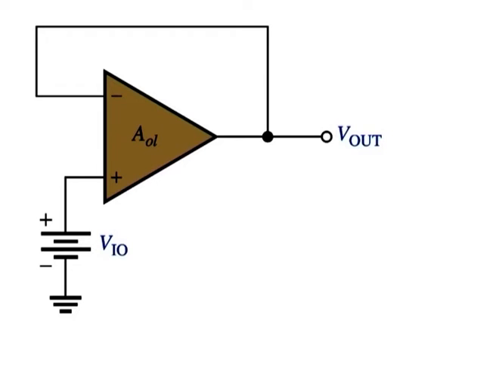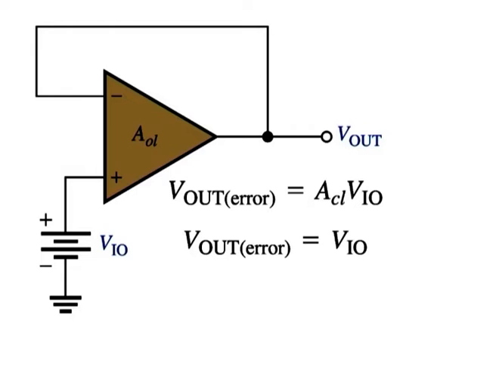In a negative feedback configuration, the input offset voltage VIO can be visualized as an equivalent small DC voltage source as illustrated in this figure for a voltage follower. Generally, the output error voltage due to the input offset voltage is given by this equation where Vout error is equal to ACL into VIO. For the case of the voltage follower, ACL is equal to 1, so Vout error is equal to VIO.